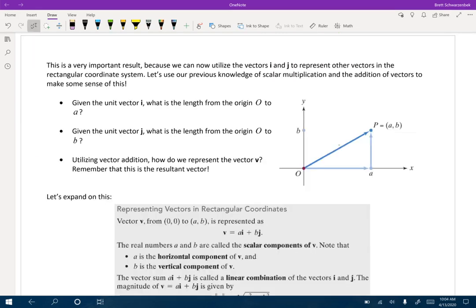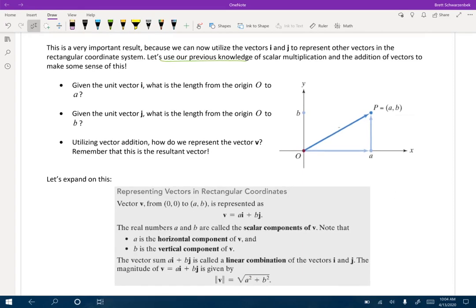Okay, so let's do that. It says let's use our previous knowledge of scalar multiplication and the addition of vectors to make some sense of this. Given the unit vector i, what is the length from the origin 0 to the point a?